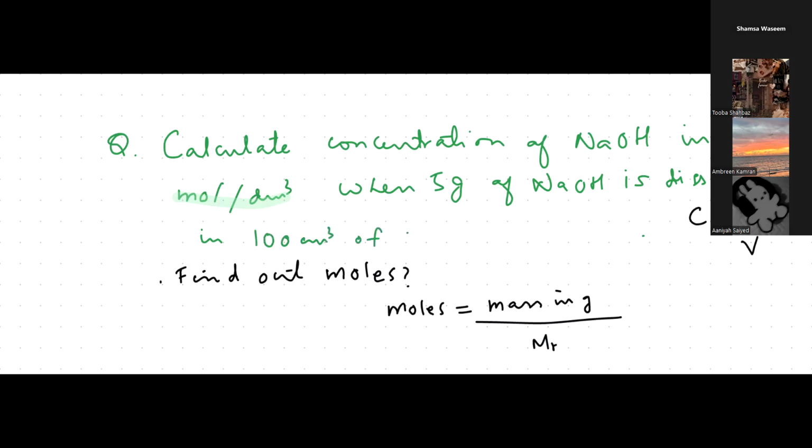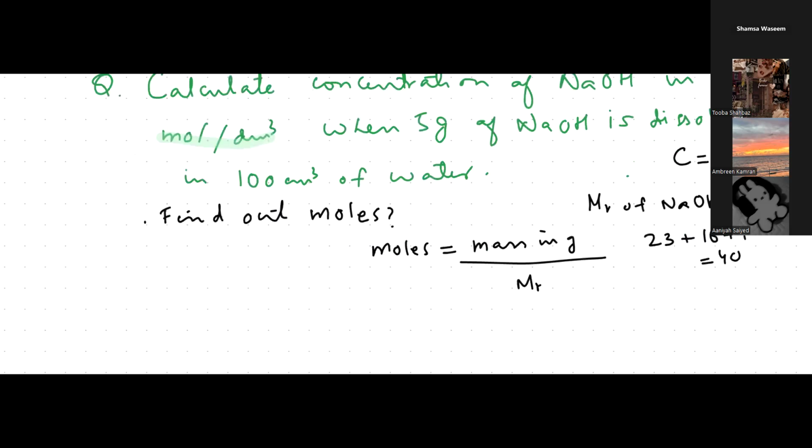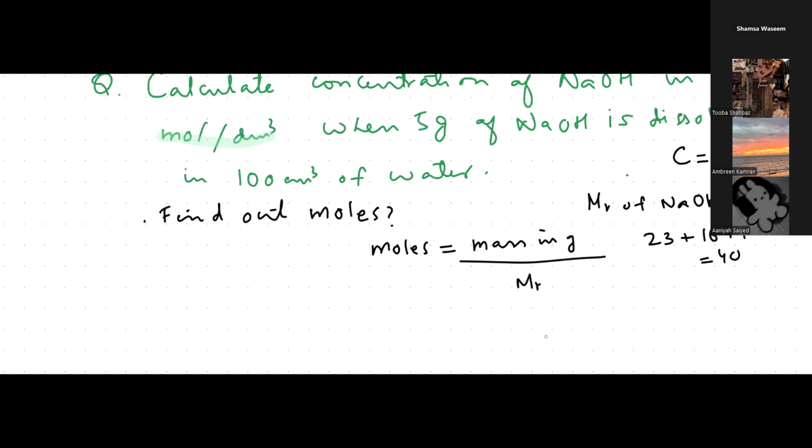So I just have to find out the moles of sodium hydroxide. That's mass in grams upon MR. So what is MR of sodium hydroxide that you have to find out? MR of sodium hydroxide is going to be 40, by AR of sodium is 23 plus AR of oxygen is 16 plus 1. Okay, so that comes to be 40. So you will divide mass in grams, that is 5, sorry, divided by MR is 40.